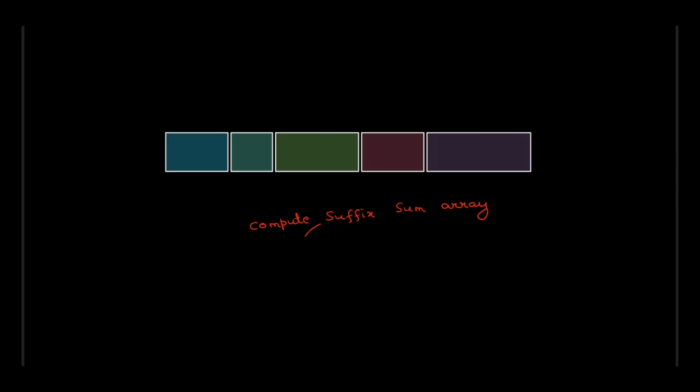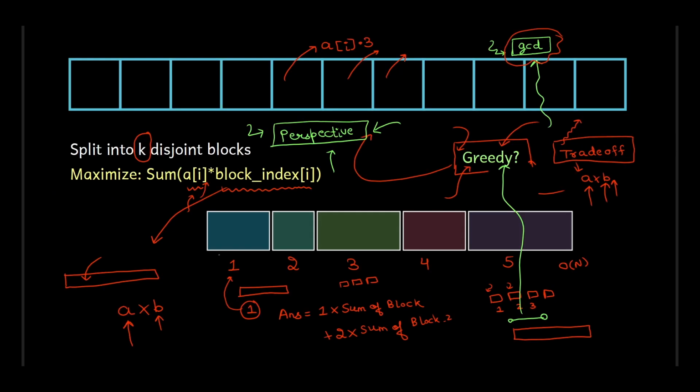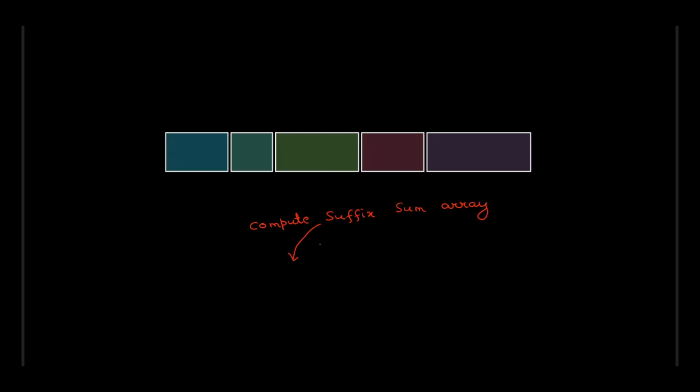And that is indeed your answer. So the greedy strategy wasn't to pick the first block greedily. This problem can indeed be solved via greedy, but the greedy strategy had to be applied on the suffix sum array. And in this suffix sum array, you pick the k largest elements.